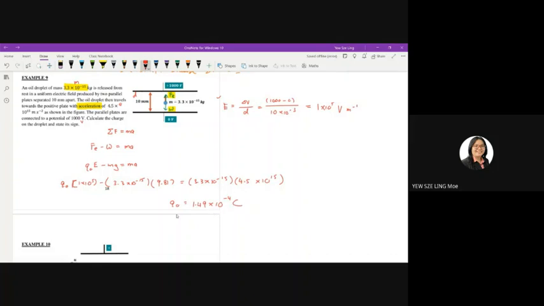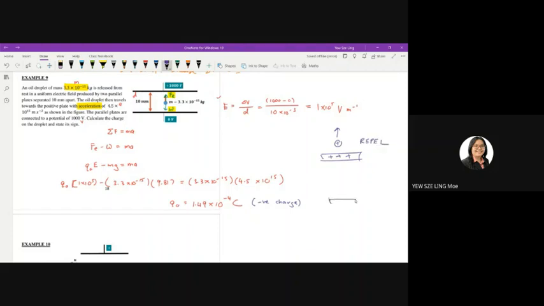Okay, and what type of charge is it? You look at the diagram again. This charge is being attracted towards the positive plate. If it is being attracted toward the positive plate, it means that it is a negative charge. If you have a positive plate and a positive charge, then they will repel.